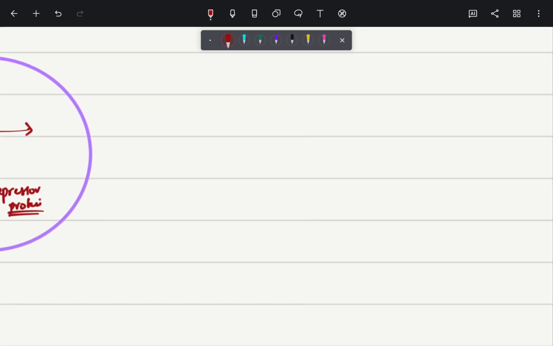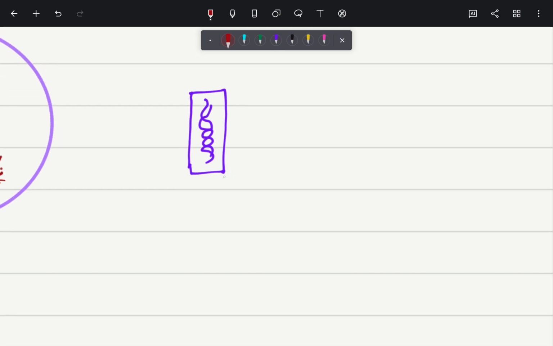Okay, I will draw it here once again. So this is the thyroid response element, which is having the DNA sequence, and this thyroid response element is going to have a repressor protein which is repressing the gene.